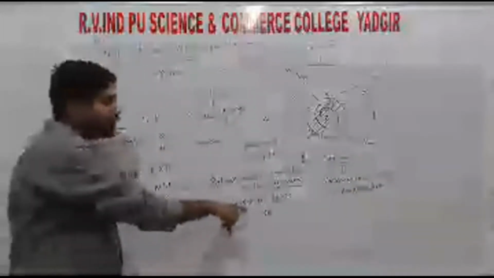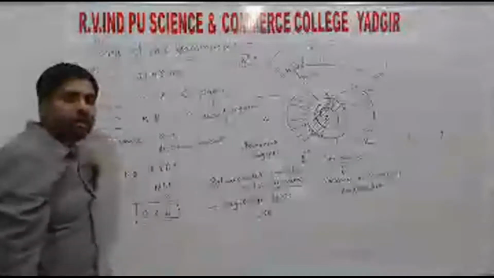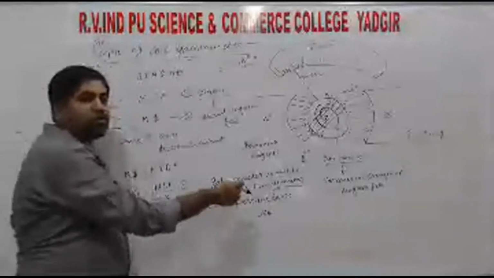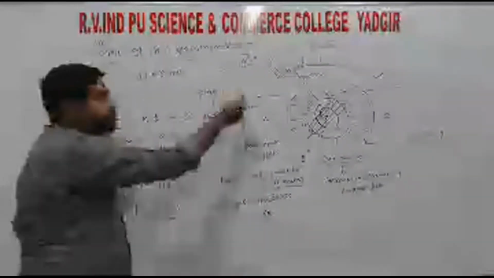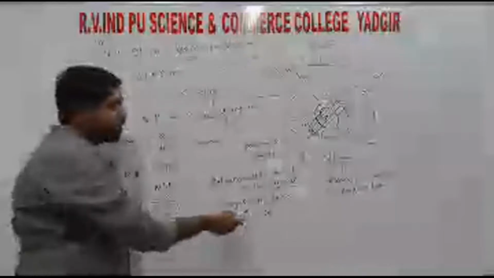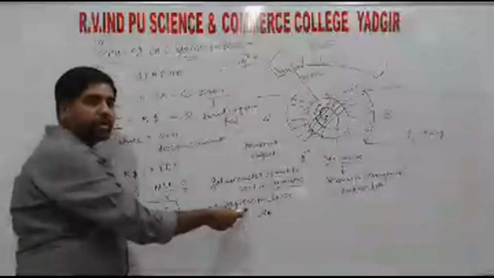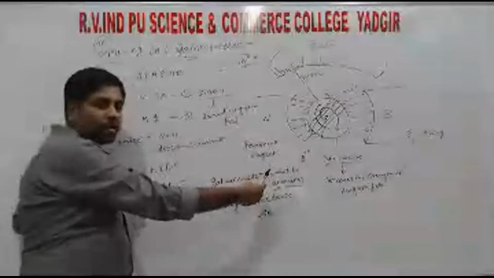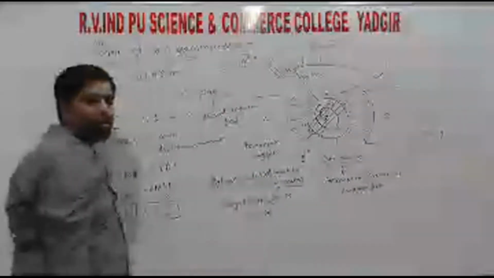Hence we call the galvanometer a very sensitive device. Because it is so sensitive, even when a small current flows, it shows the deflection, right? That's why we are not going to use the galvanometer as an ammeter. This is one reason, right?